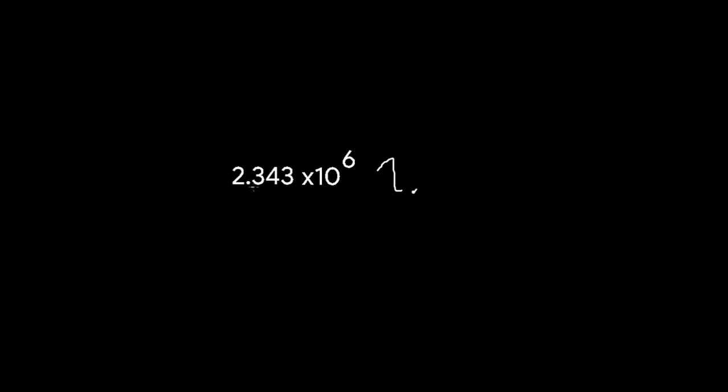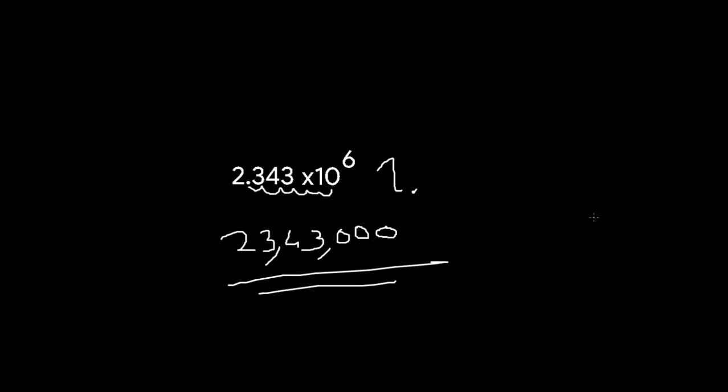So you can move this point 1, 2, 3, 4, 5, 6, and you can have 3 more zeros. So it will be 2,343,000, that is, 23 lakh 43,000. Yes, this is what you will get. You can just add zeros if you're out of numbers.